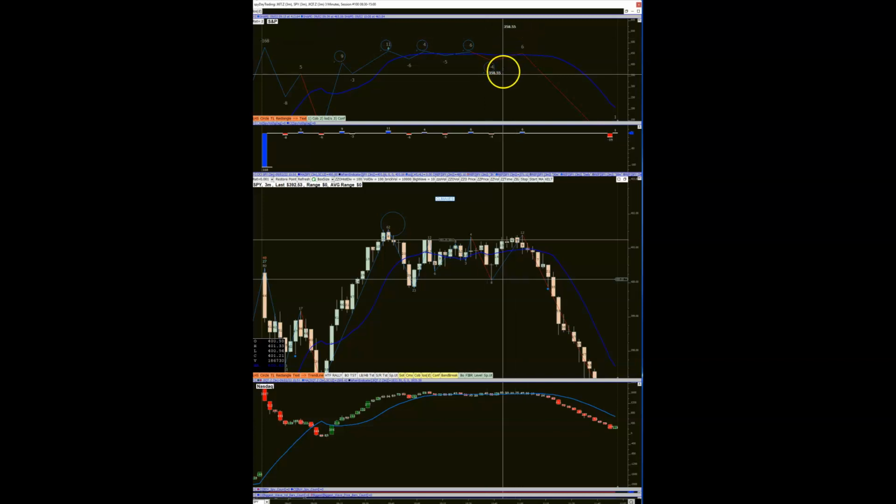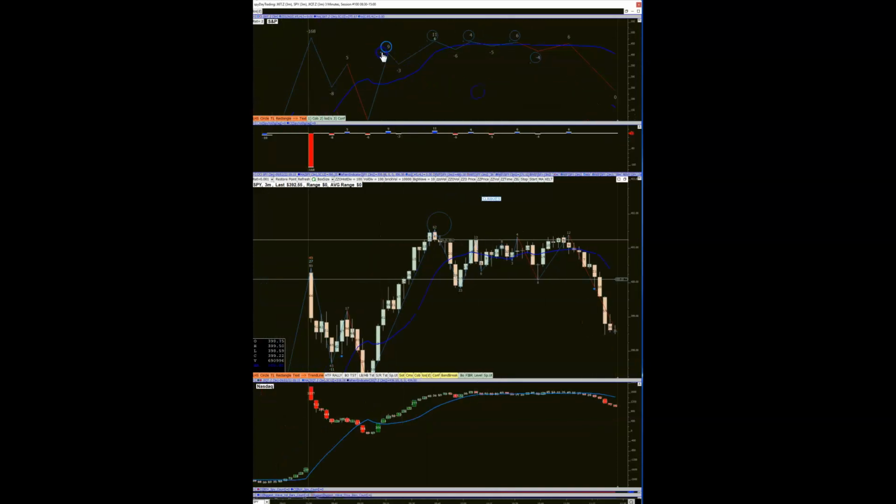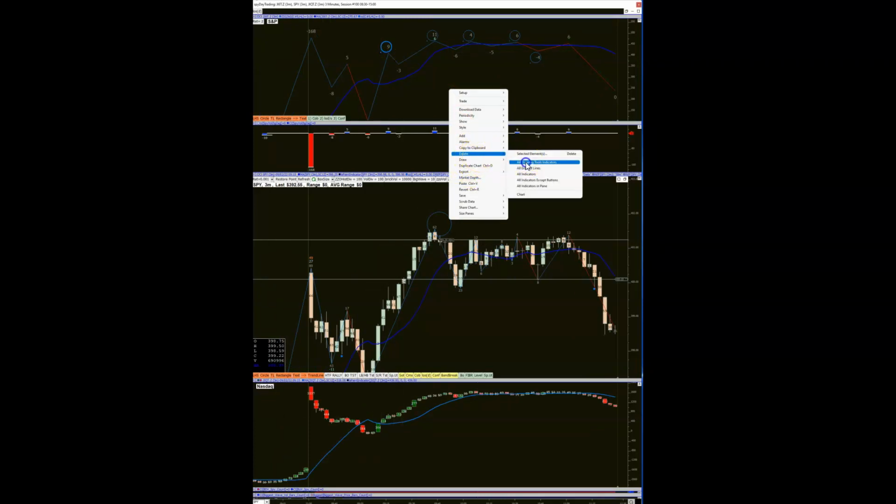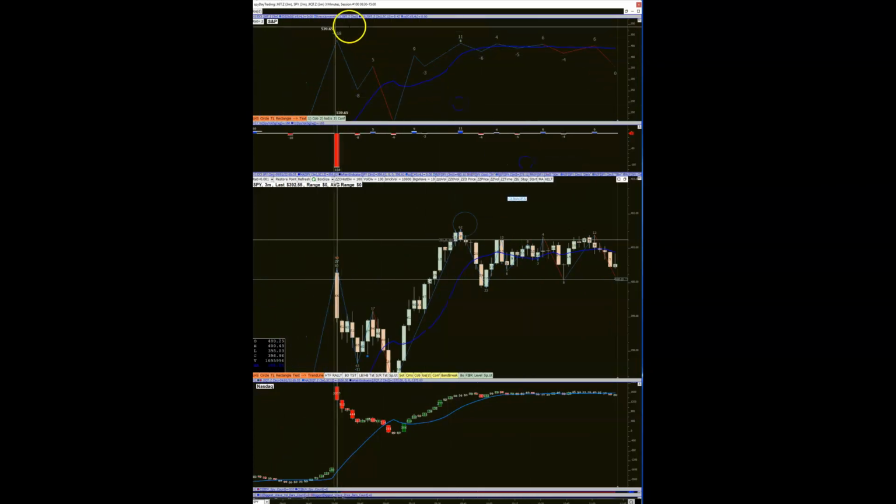So this is the error that most folks make: they will only focus on the biggest volume, or they don't pay attention. And this is the problem, because you have to read the volume as it's occurring.